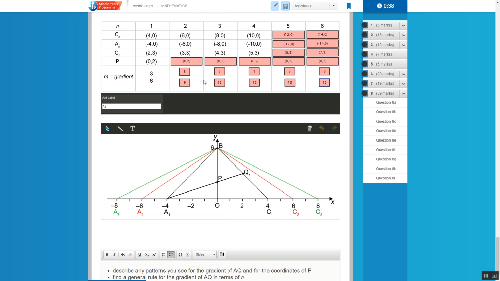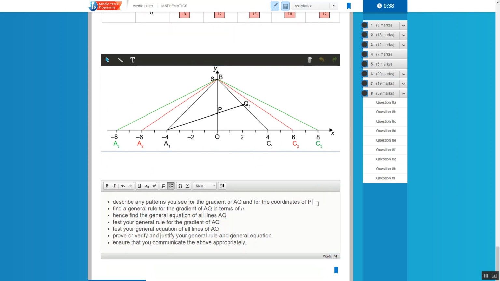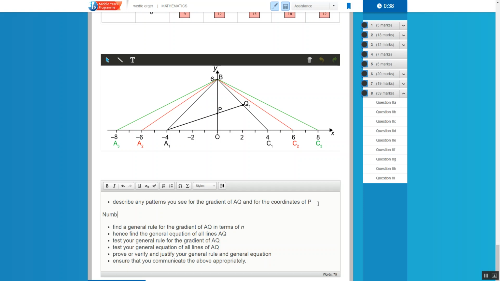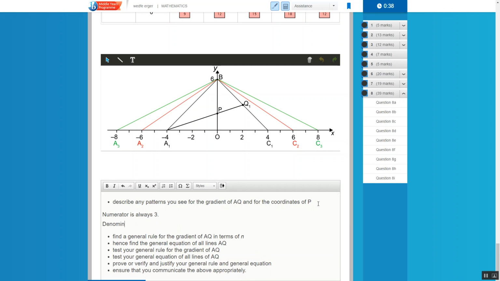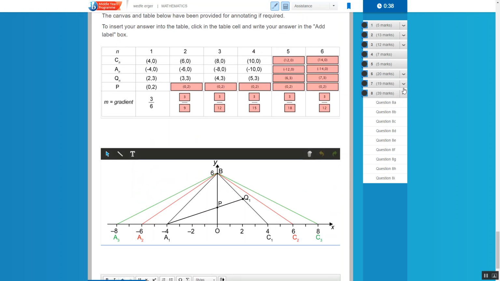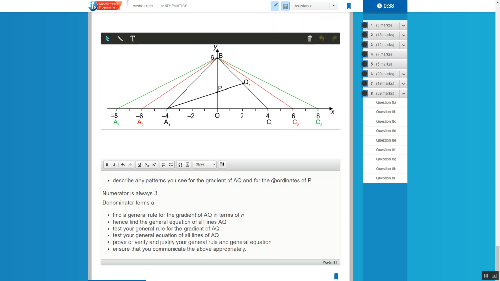So these are gradients. Okay, so we can say the numerator is always 3. The denominator forms a 6, 9, 12, 15 arithmetic sequence, and so on.